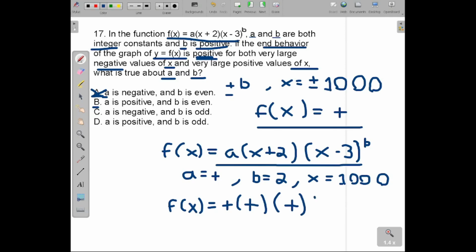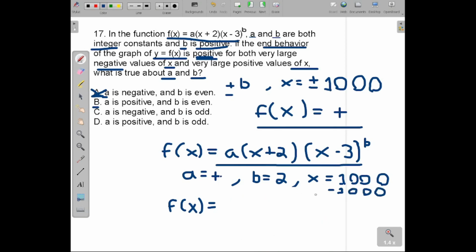To the power b, b is 2, so positive to the square is positive. Positive times positive is positive. So for this one, yes, so far it satisfies that condition.